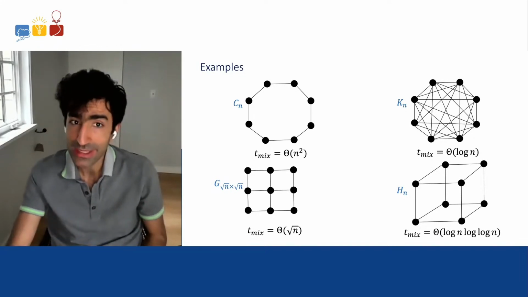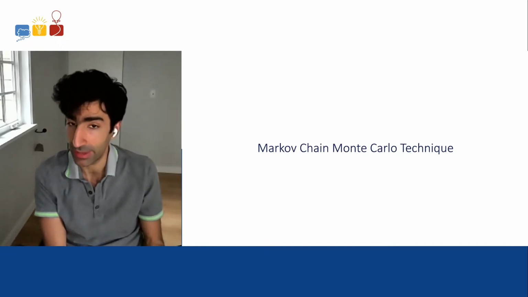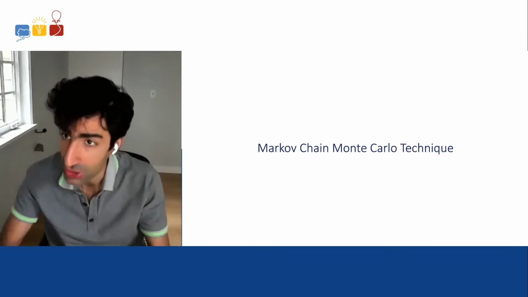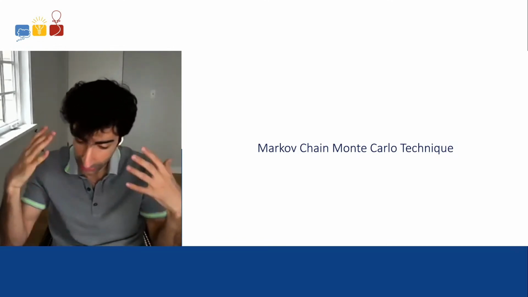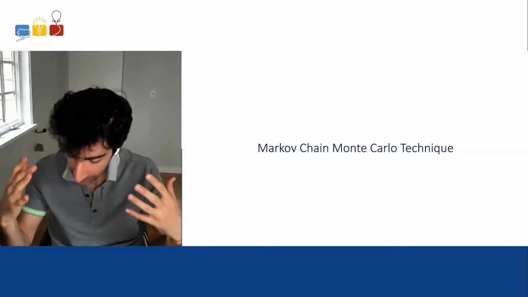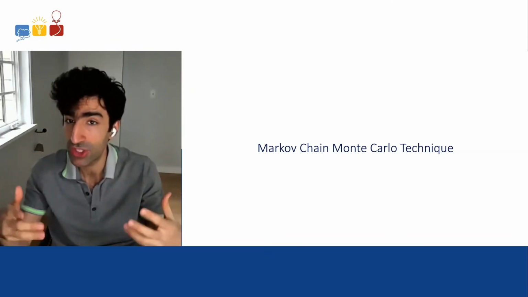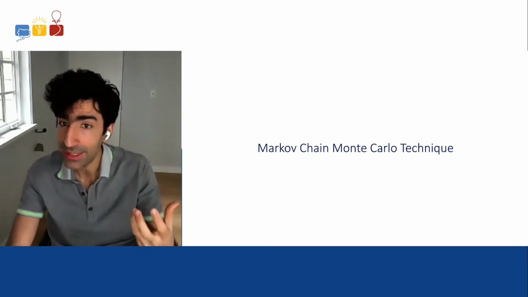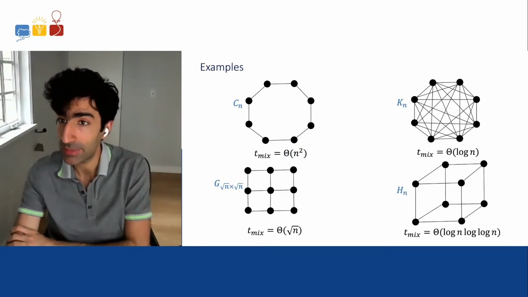So what I want to study in this talk is this method called the Markov chain Monte Carlo method. So what is it about? We want to design a Markov chain or some random walk to sample from a given probability distribution, which is of my interest, okay? So the question is how to design this Markov chain and how to prove that its mixing time is good.